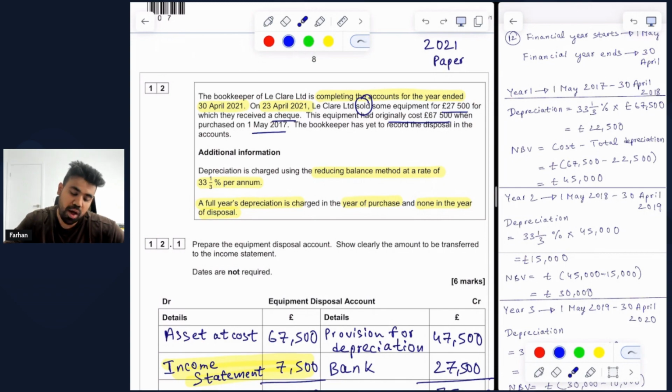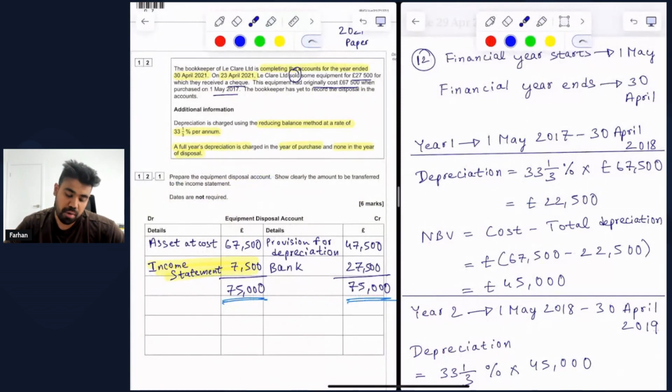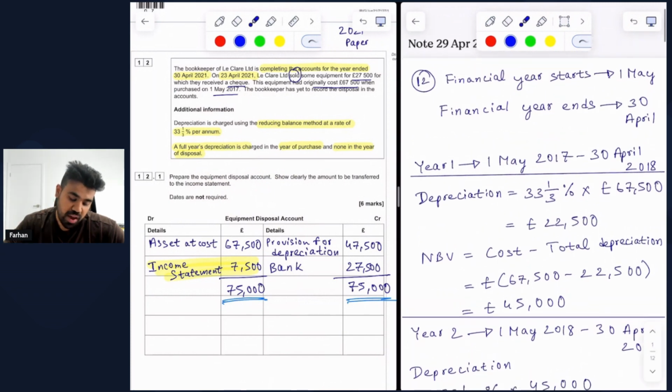So let's take a look at the right-hand side of the screen where I'll be doing all the workings first, breaking down the question step by step, and then we can prepare the disposal account at the end. What we understand by going through the question is that the financial year starts on 1 May and ends on 30 April.